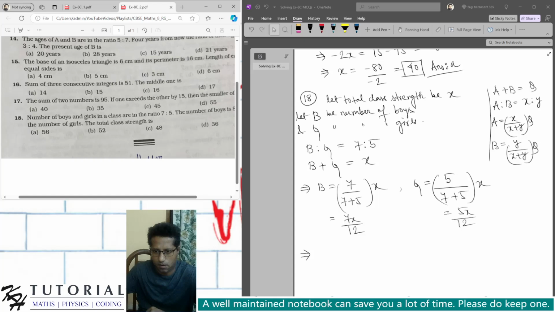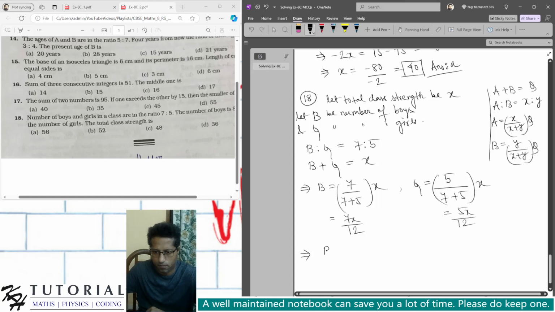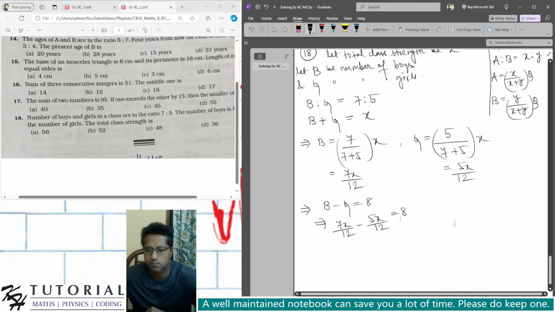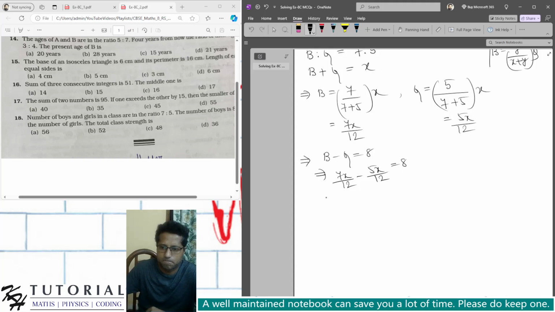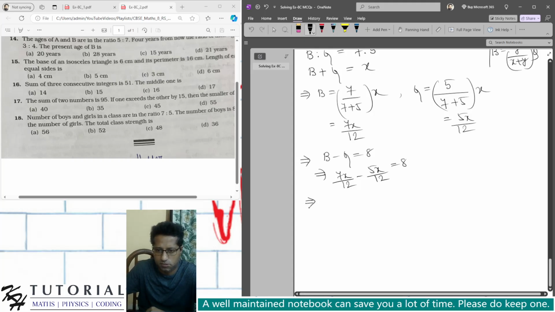So B minus G is given to be 8. So this implies 7x by 12 minus 5x by 12 is equal to 8. So this is the equation we have got. We have to solve for x.